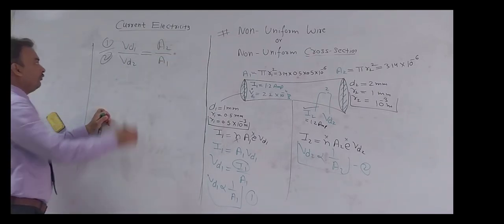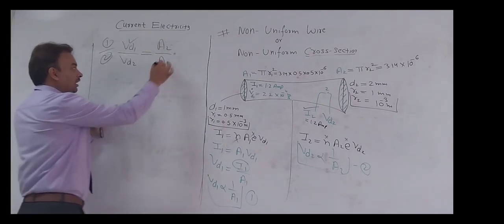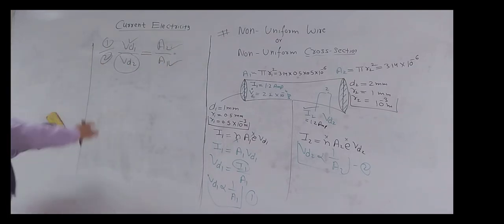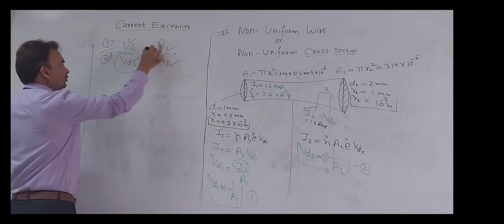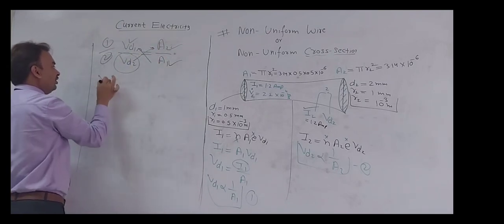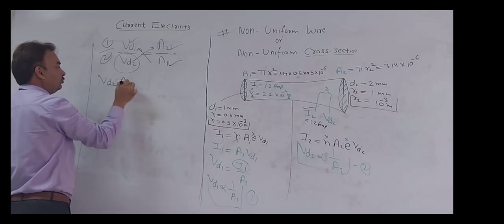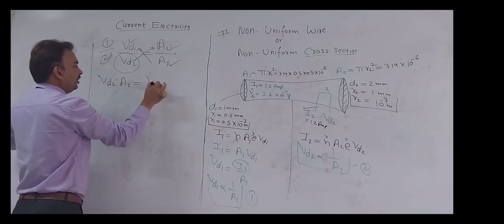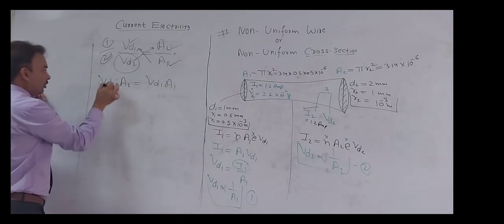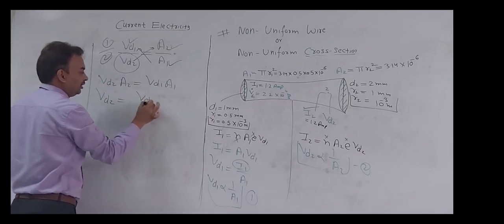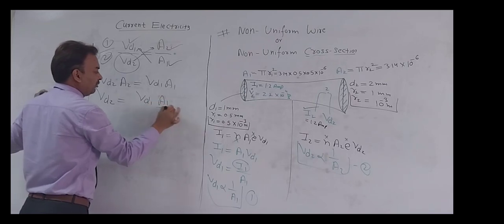So VD1 is given, A1 is given, A2 is given. We need to calculate VD2. Just cross multiply: VD2 into A2 will be equal to VD1 into A1. So VD2 equals VD1 A1 divided by A2.